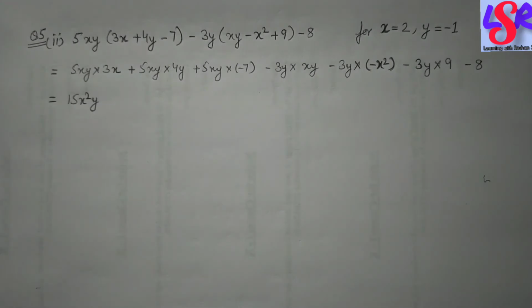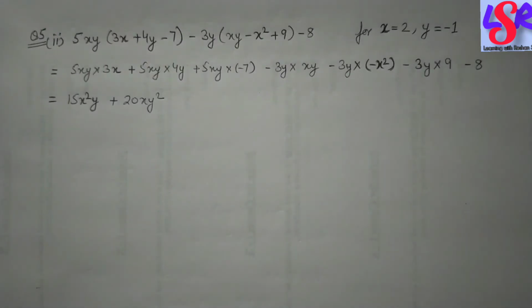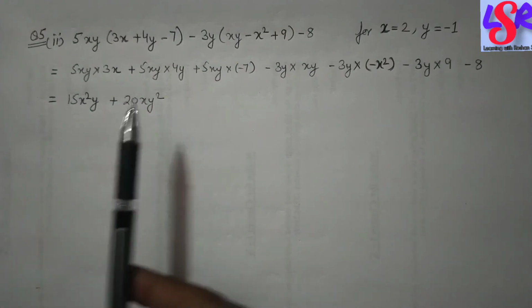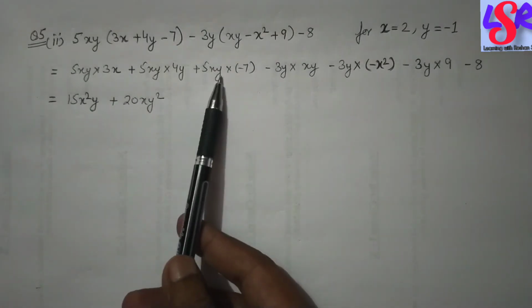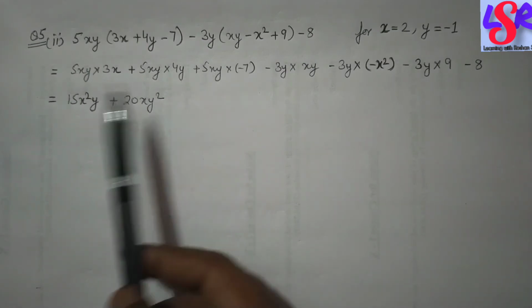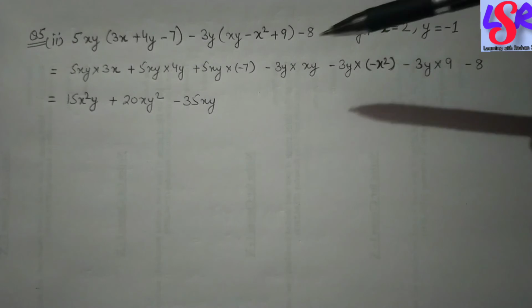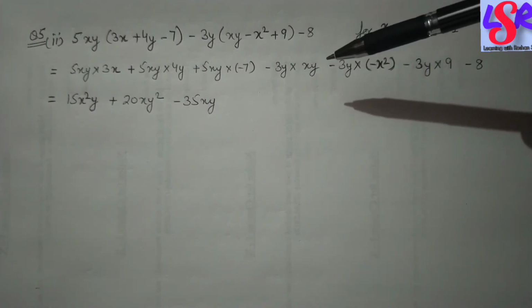On multiplying 5xy by 3x, we got 15x square y. Then on multiplying these two, we will be getting 20xy square. Then 5xy into minus 7. So this plus, this one is minus. So plus and minus will be minus 35xy. Then over here minus 3y into xy.